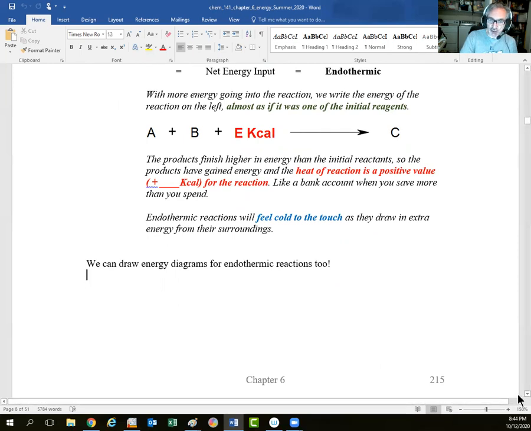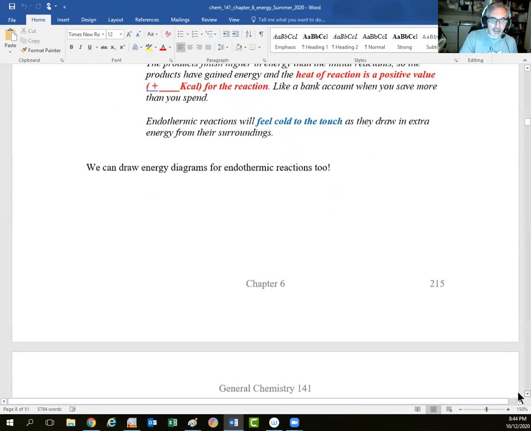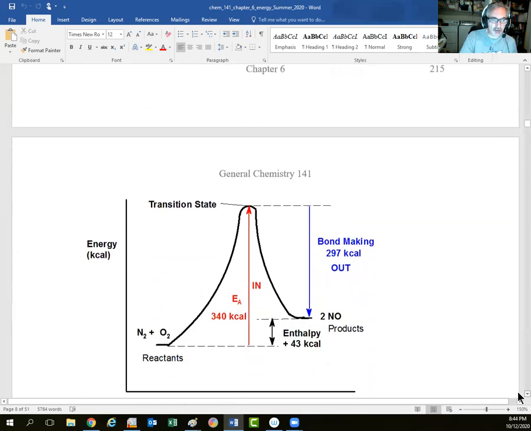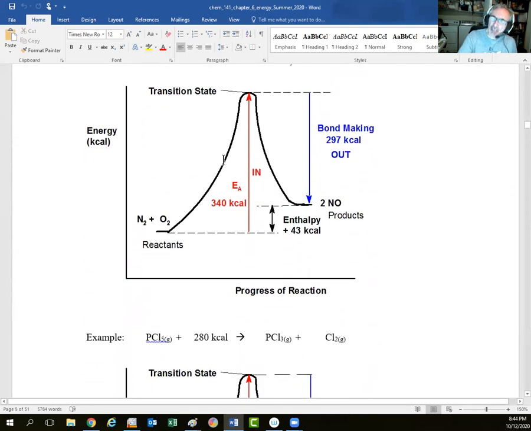If we look at an energy diagram for one of these endothermic reactions, it looks similar to what we had for the exothermic. The main difference is that now the products finish higher in energy than we originally started because there's more energy going in, that bond breaking, that energy of activation, and now less energy coming out.